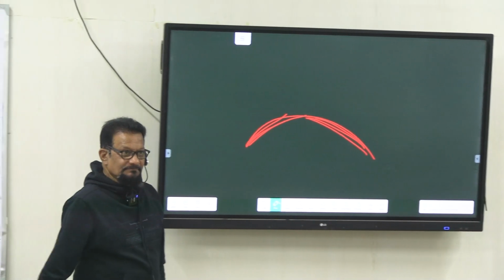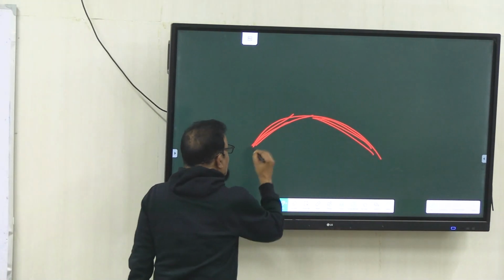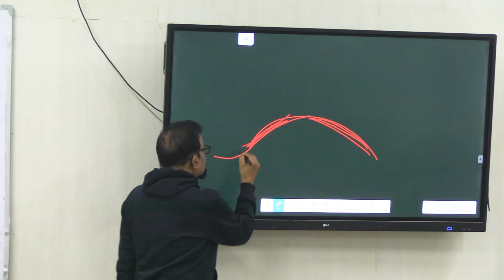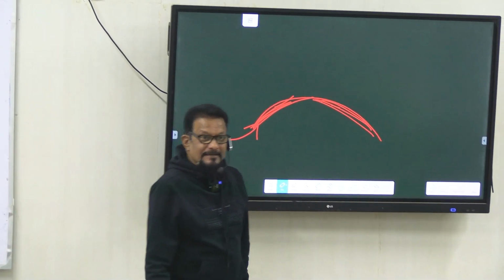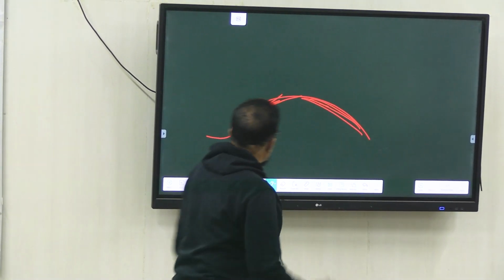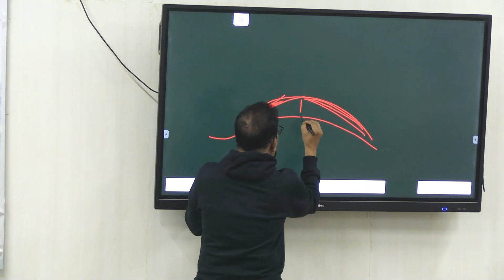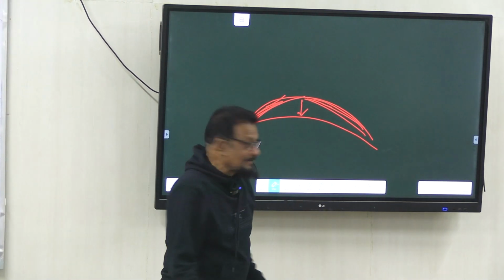This is the diaphragm, and these are the muscles of the diaphragm. When the phrenic nerve stimulates this muscle, the diaphragmatic muscle will be contracted. As a result, there will be lowering of the diaphragm.